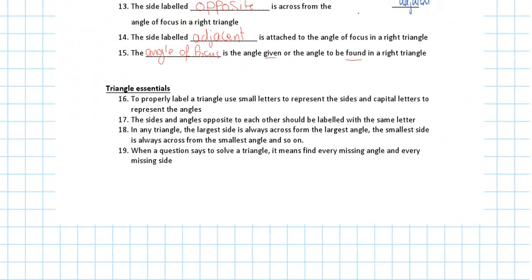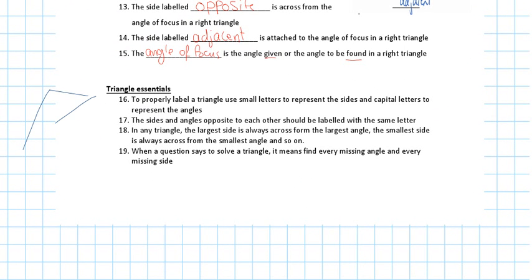So, to properly label the triangle, you always use capital letters for the angles and small letters for the sides. Okay? So if I have, for example, this triangle here, triangle ABC, you see how the angles are labeled with capital letters, all right?